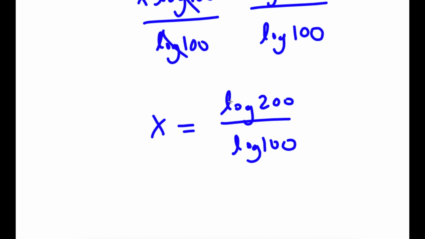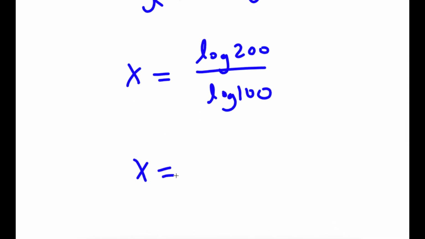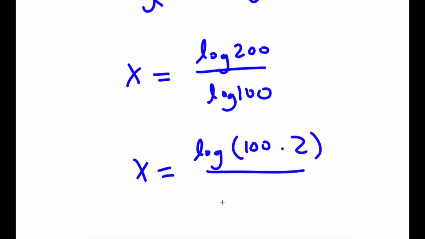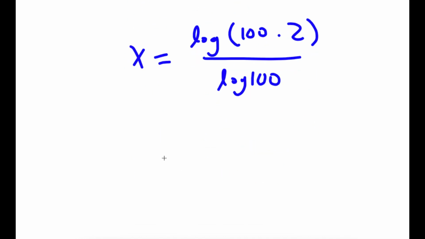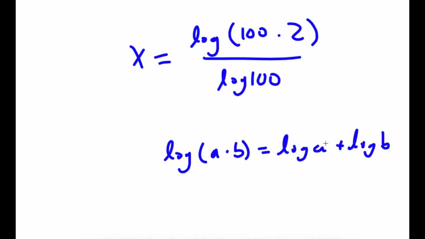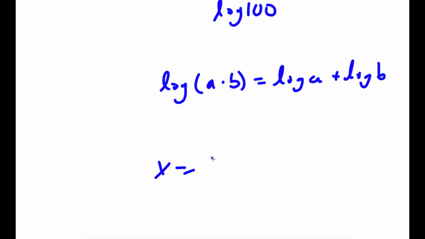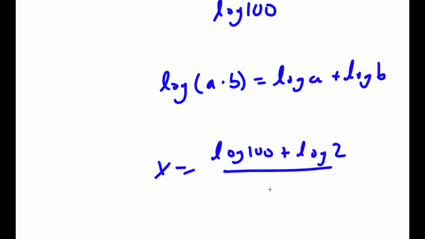Now log 200, this is the same thing as log of 100 times 2, and I have this over log 100. So now if I have something in the form log of a times b, this is equal to log a plus log b. So log 100 times 2, that's going to equal log 100 plus log 2. And now I have this over log 100.